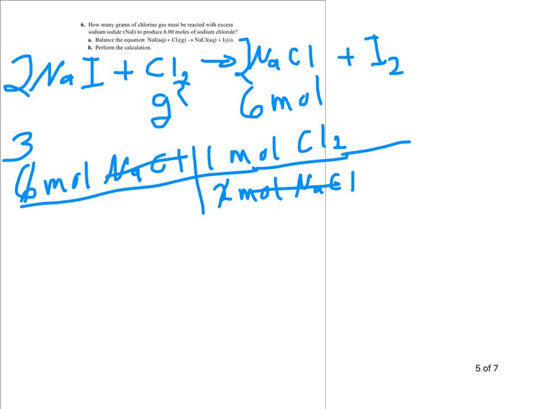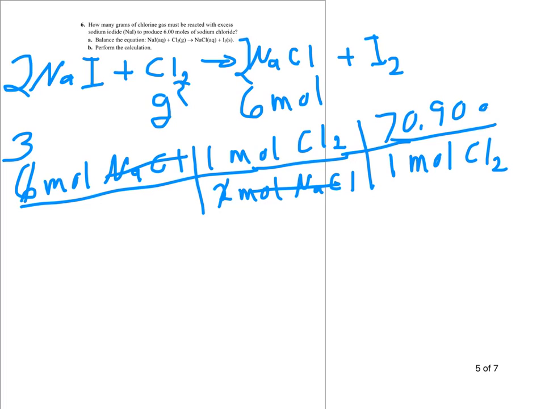Now, using a molar mass, 1 mole of chlorine gas: chlorine from the periodic table is 35.45, times 2 is 70.9 grams of chlorine gas.